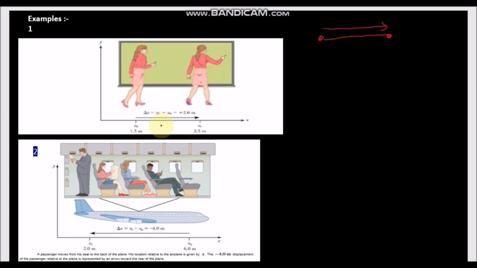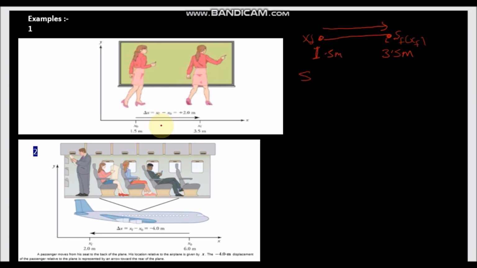When at this position the distance was 1.5 meter, and when she arrived at this position, the s final or x final position, this one x naught, the initial position, at this point the distance is 3.5 meter.